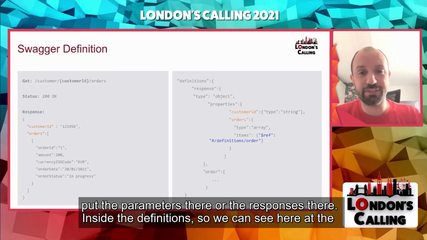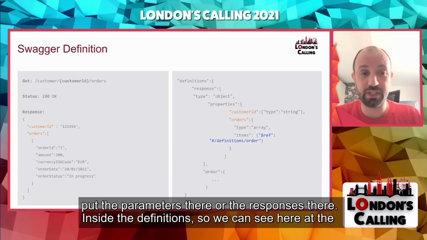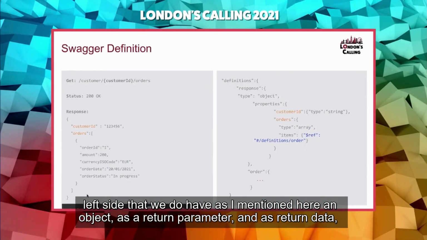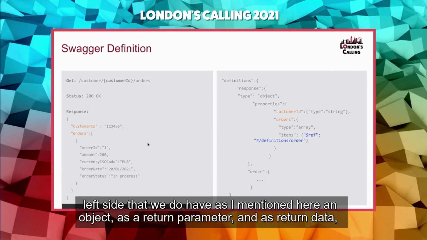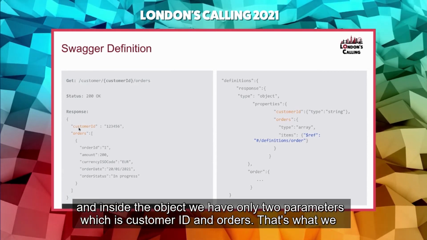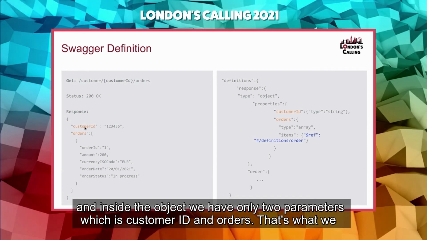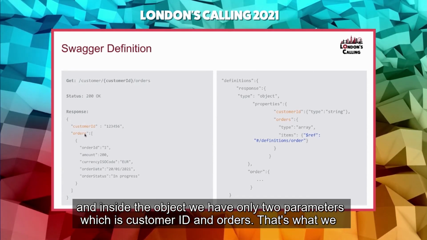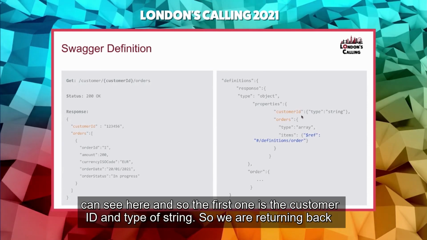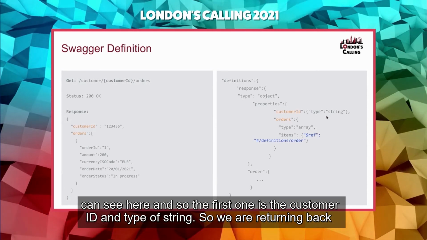Inside the definitions, we can see at the left side, as I mentioned, an object as a return parameter, as return data. Inside the object, we have only two parameters, which are customer ID and orders. The first one, customer ID, is of type string.